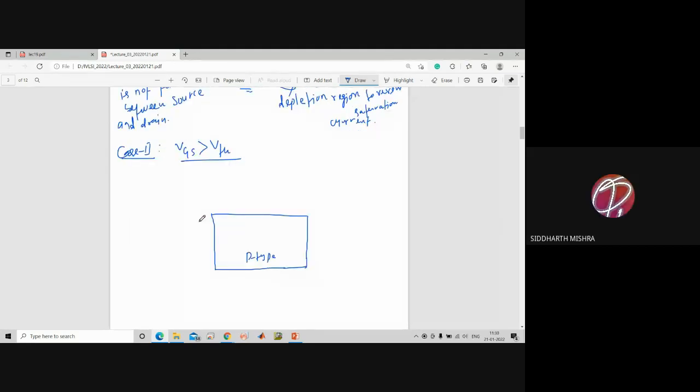Yes, sir. Okay. So now move to the second case, that is when VGS is greater than VTH. So what will happen in that case? Under this case, there will be a strong inversion, right? And where will there be inversion?